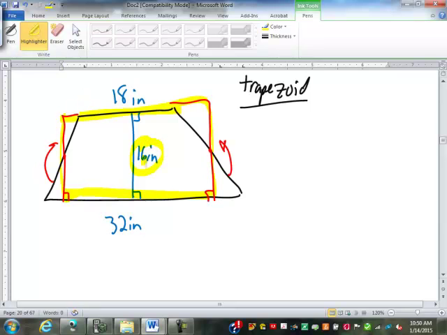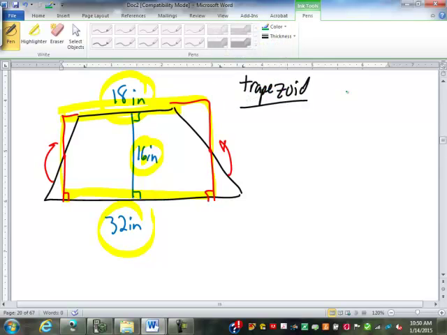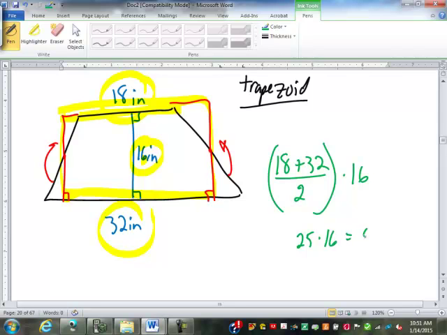Its height is still 16. Its length, however, is somewhere between the 18 and the 32. In fact, it is exactly between. It's the average of the 18 and 32. So you average the two bases, in other words, and then multiply by the height. Well, 18 plus 32 is 50, divided by 2 is 25, times 16 is 400. So the area of that is 400 square inches.